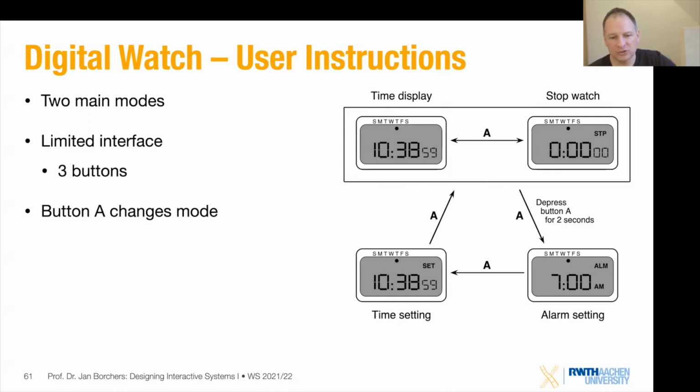And if I hold down A here in the time display, should it first go to the stopwatch because I pressed time, and that's what this says here, and then after 2 seconds, I should go to alarm setting, or should I wait until the user releases and only then decide whether that was a short press, so I go to the stopwatch, or it was a long press, so I go to the alarm setting?